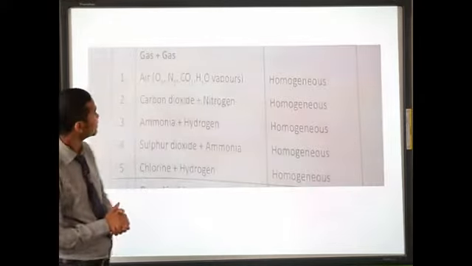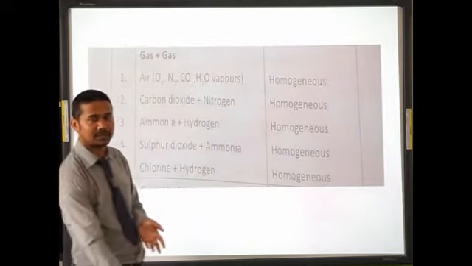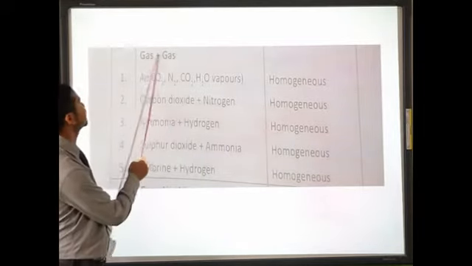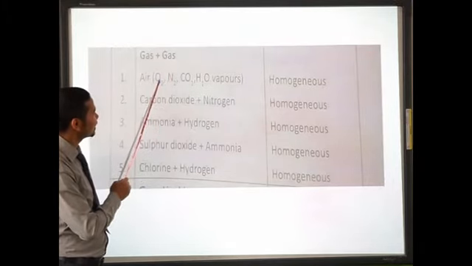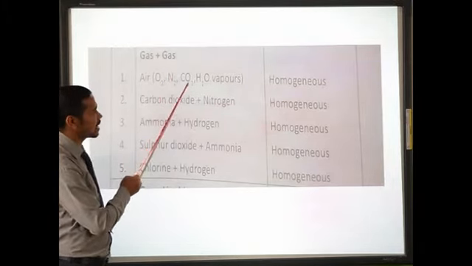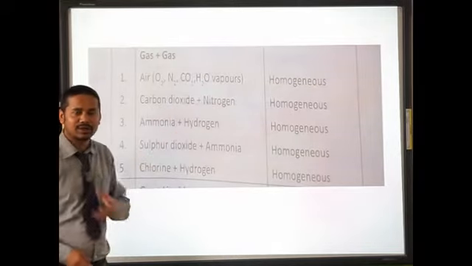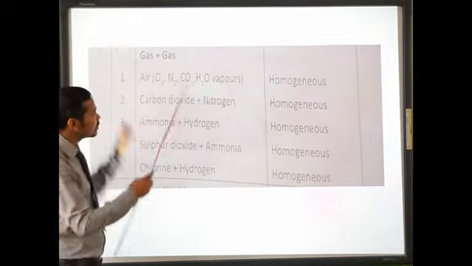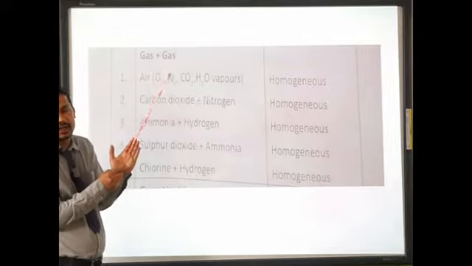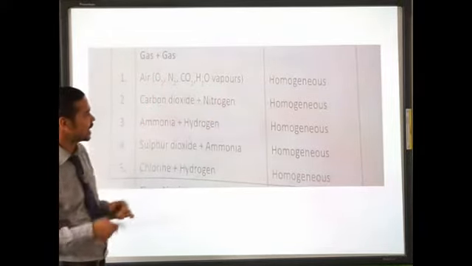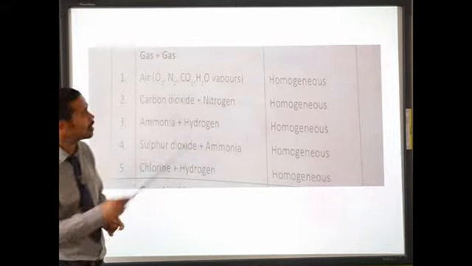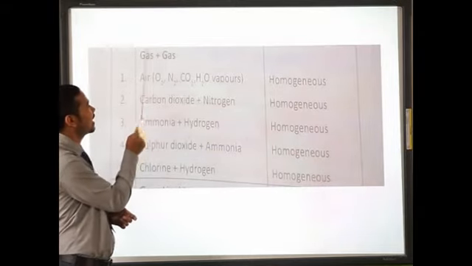Then gas plus gas. One component is gas and another component is also gas. So for example, air: oxygen gas, nitrogen gas, carbon dioxide gas, water vapors, and all inert gases are also there. So they mix uniformly to form a homogeneous mixture. So air is a homogeneous mixture of gas and gas.